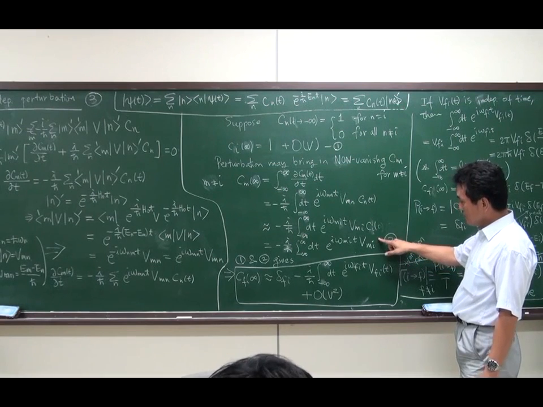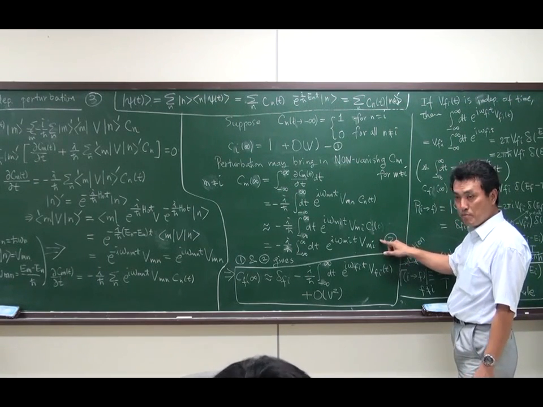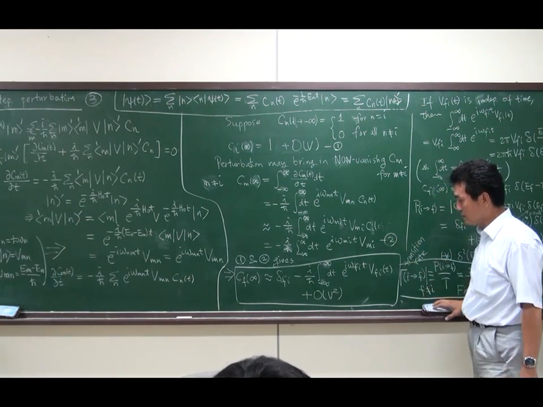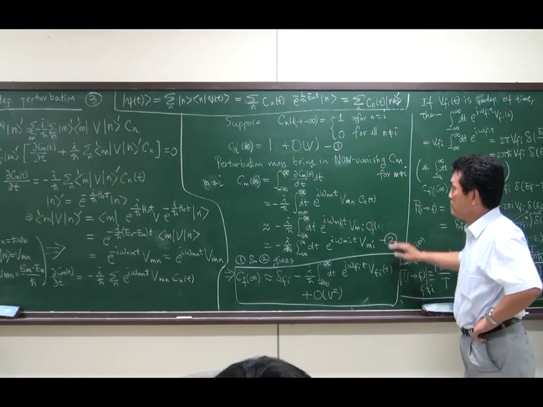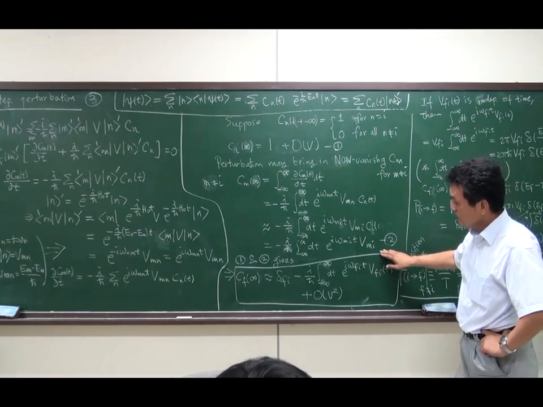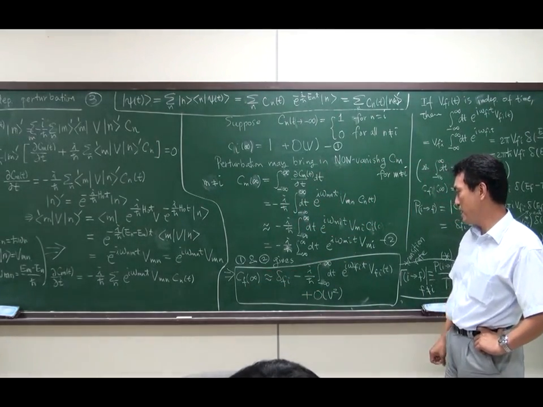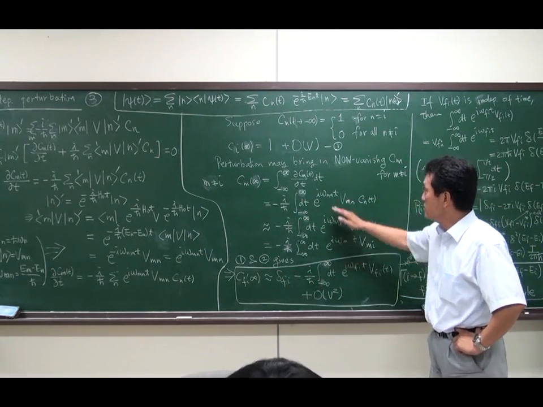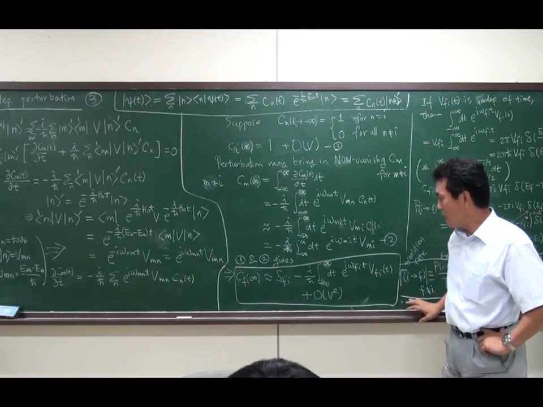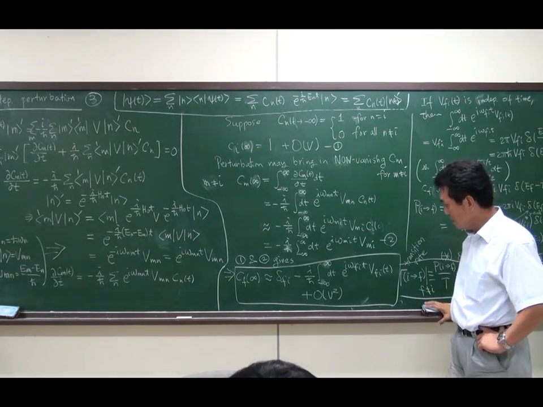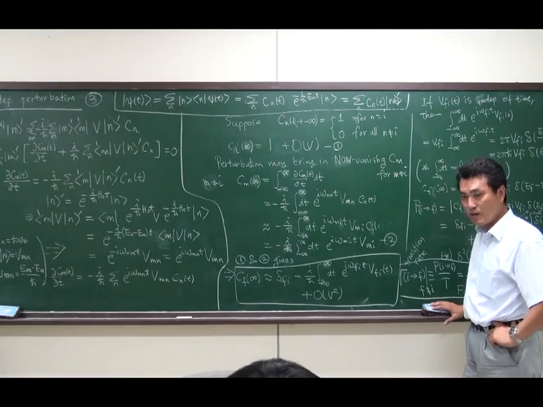And actually in general a time dependence appears in this matrix element. Combining these two pieces, C_f is approximated in this way: in the case where f is equal to i, and in the case f is not equal to i.